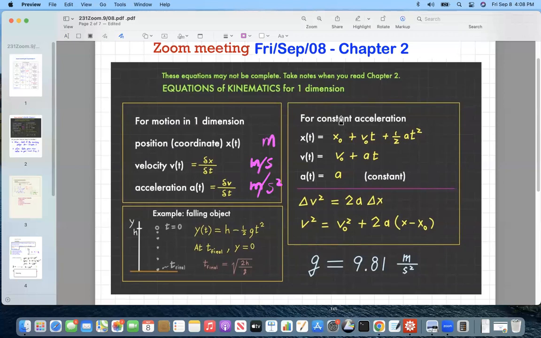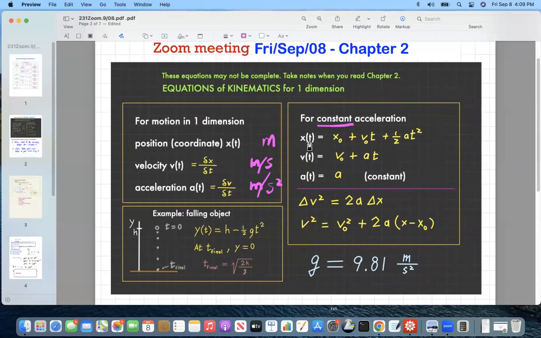Now, even one-dimensional motion is interesting because there can be acceleration. And in particular, the simplest case is constant acceleration. So we have special equations that apply when the acceleration is constant, that you must never use if the acceleration is not constant. But in a lot of the problems for this week, the acceleration is constant. So you can use these equations.